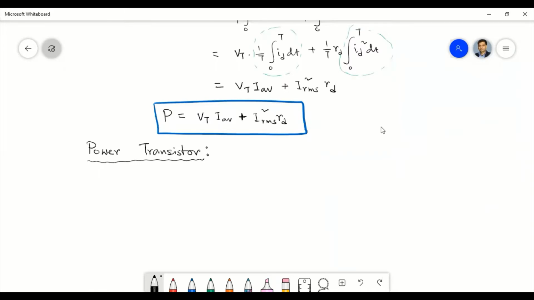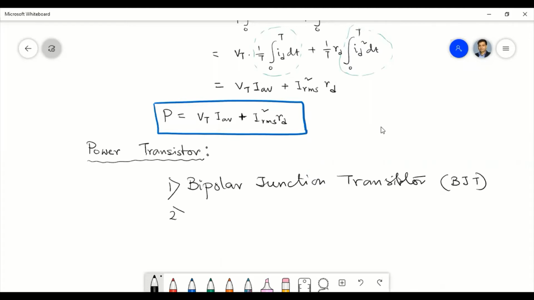One is the bipolar junction transistor, or BJT.